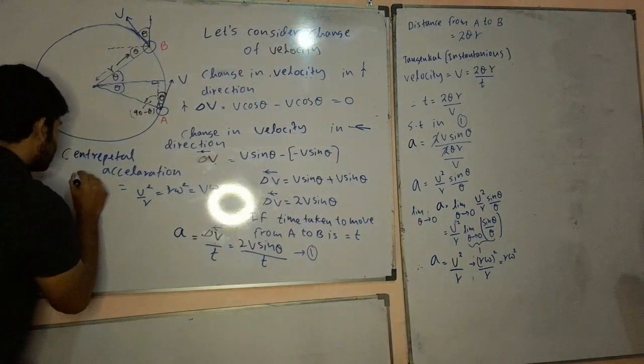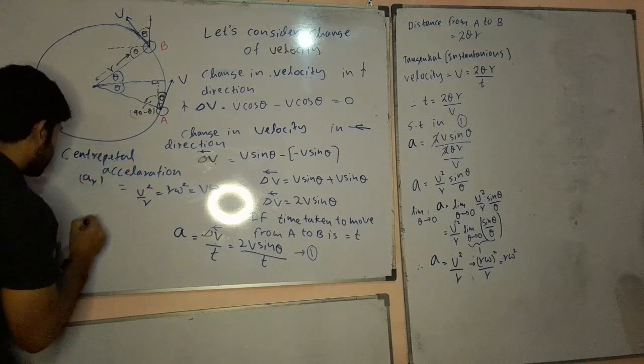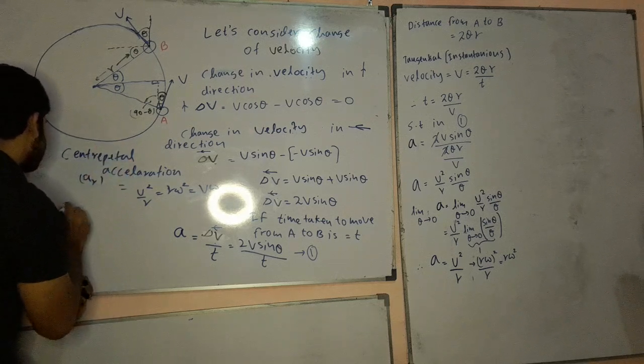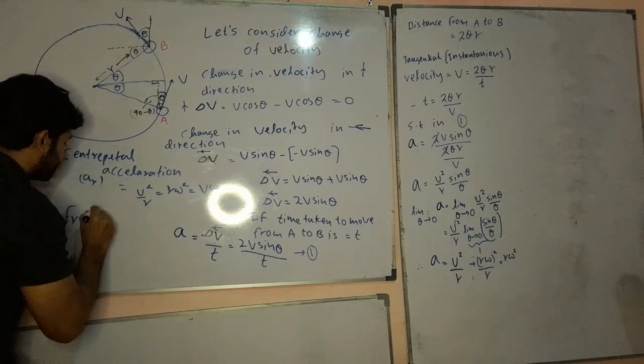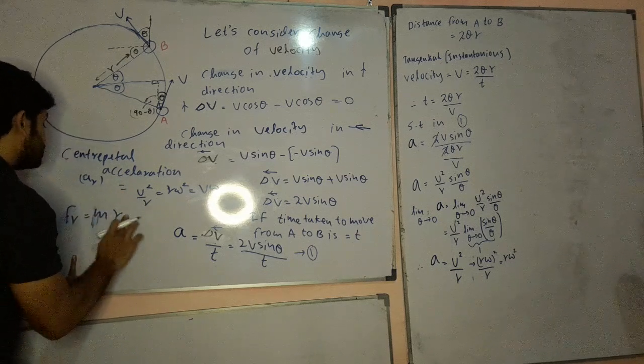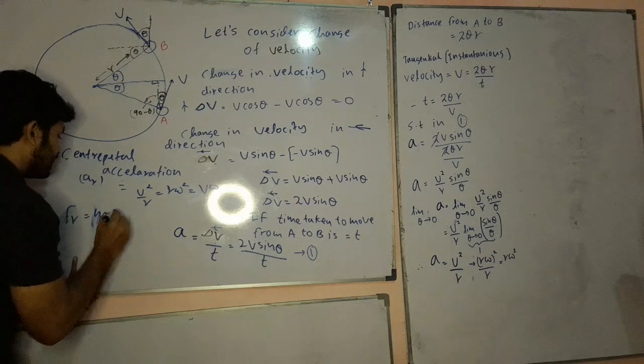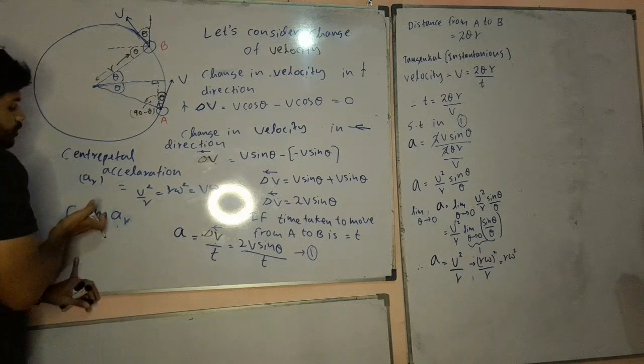The centripetal acceleration is a_r, so the centripetal force F_r is what? m a_r, when the mass of the object is m.